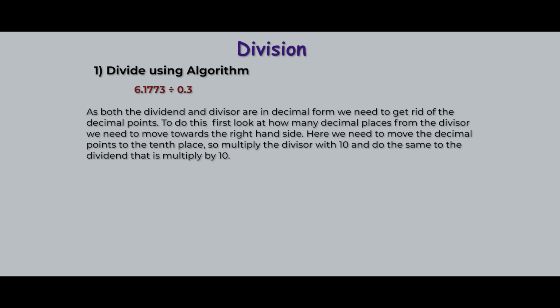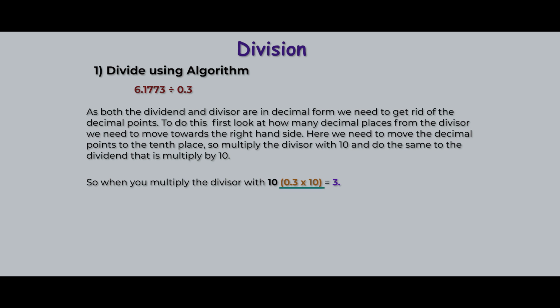In the previous activity, the divisor is a whole number. Here the difference is the divisor is also in the form of a decimal. So, you have to get rid of the decimal point. So, when you get rid of the decimal, you need to multiply by their place value.